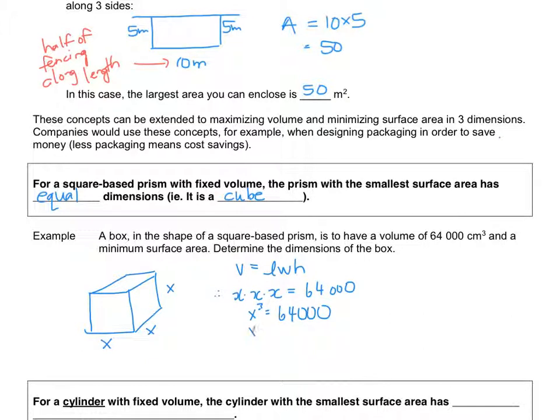So in order to solve for x, we need to take the cube root of 64,000. Cube root of 64,000, so x is 40. So therefore, the box is 40 centimeters by 40 centimeters by 40 centimeters.